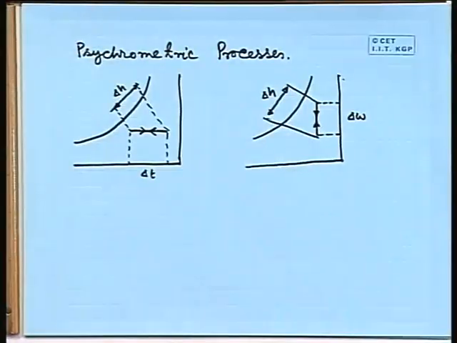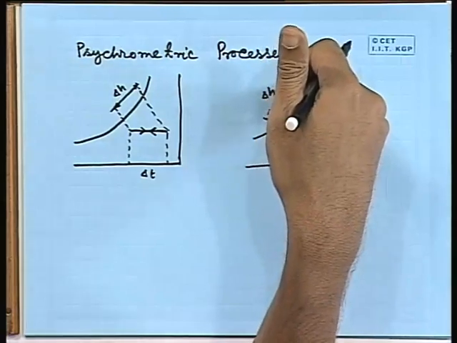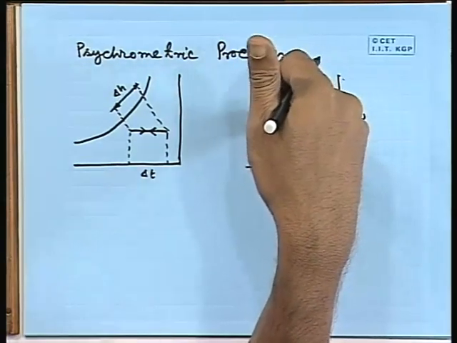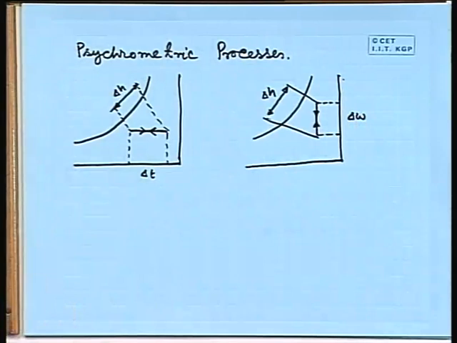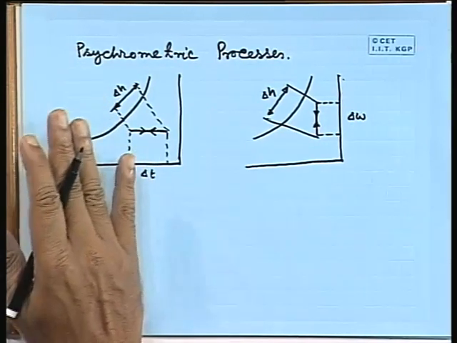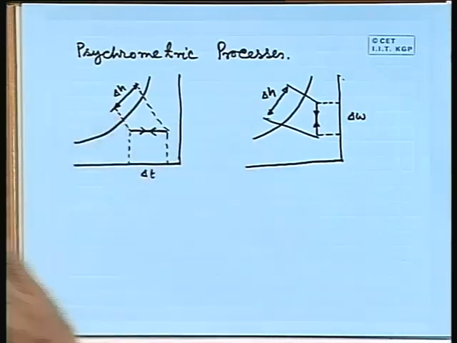Of course, there are a few exceptions where condensation etc. are taking place because part of the process is taking place outside the saturation curve. We are not going into those complications. So, in general, most of the air conditioning or psychrometric processes are different combinations of these two processes.